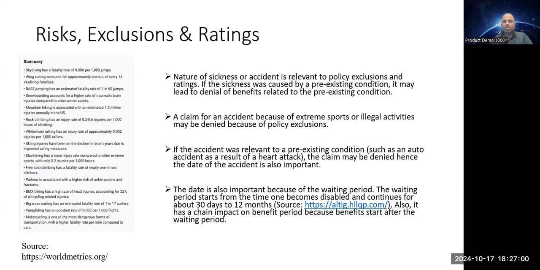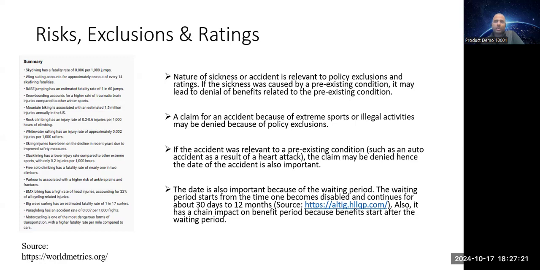So the dates, again, are important because of the waiting period. The dates that you type in your disability form as well as your APS play a critical role because of the waiting period.